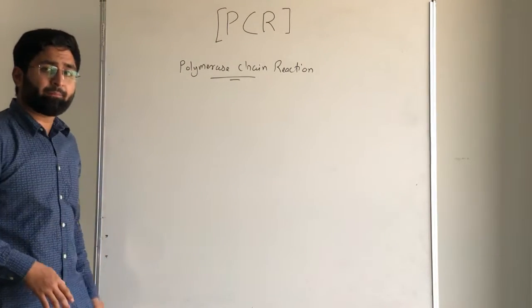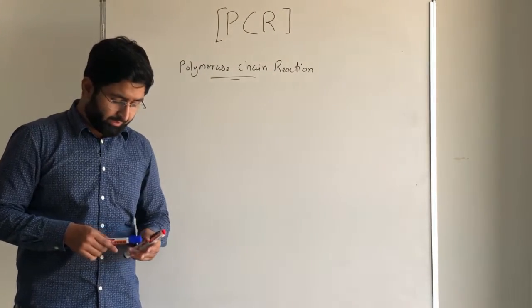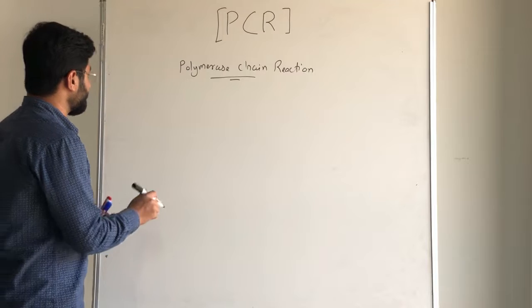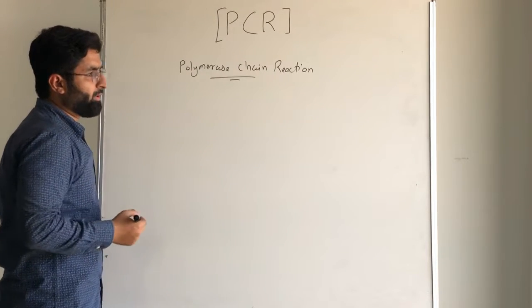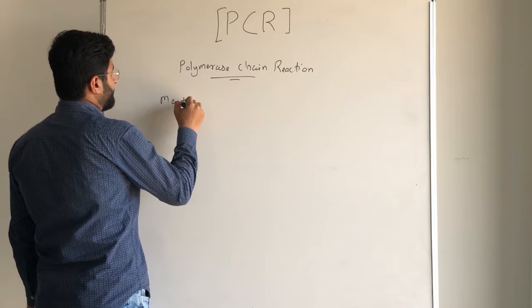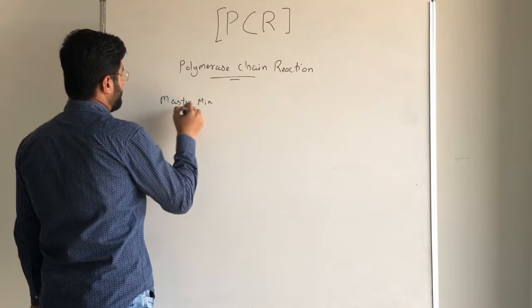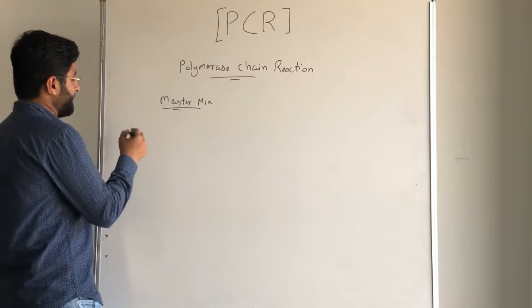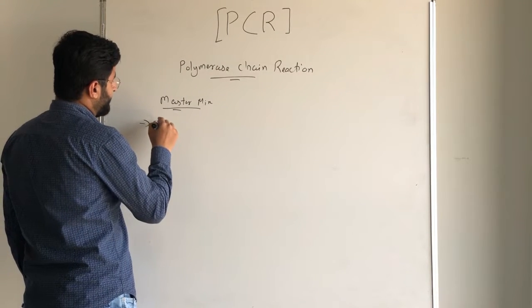So in order to amplify the DNA we need a lot of requirements, right? The requirements are also known as the master mix. So what comes under it? First of all, the DNA polymerase.